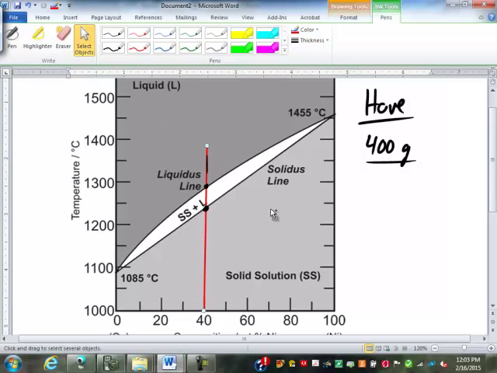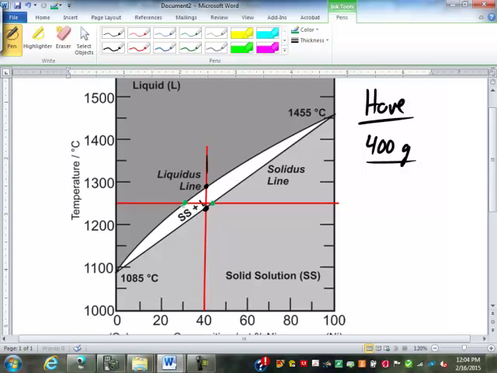For example, let me do this. I'm going to copy my line. Let's say it's at 1250 degrees. At 1250 degrees, this separates into this material right here, this concentration, and this concentration.